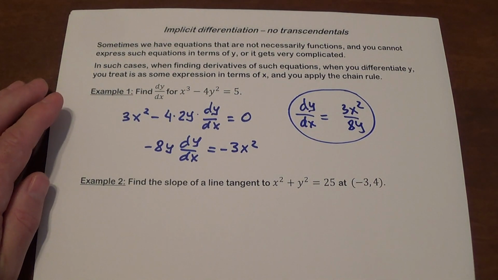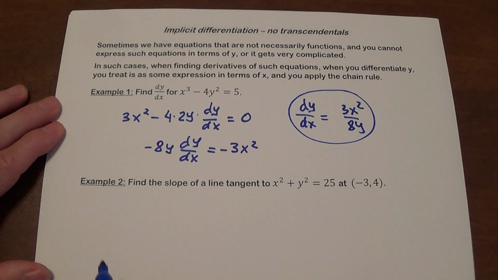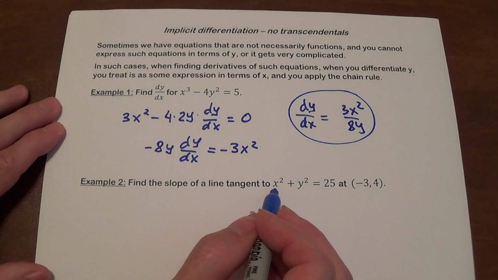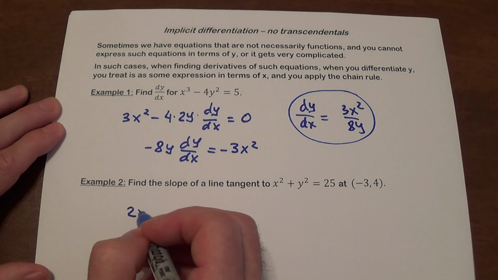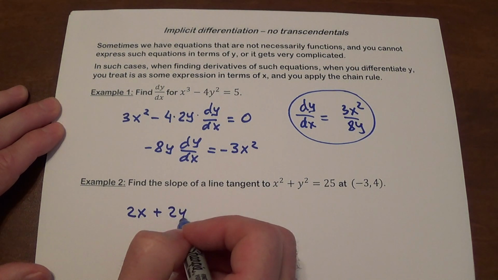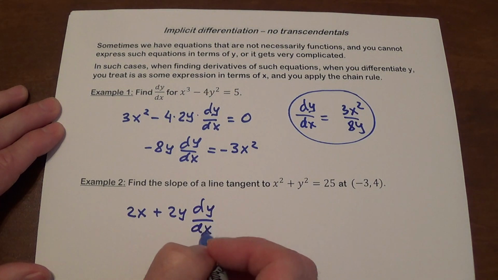Example 2. Find the slope of a line tangent to this curve at this point. So we're going to have to find the derivative. When we differentiate x squared, we're going to get 2x. When we differentiate y squared, we're going to get 2y, and since it has y, it's going to be dy over dx.